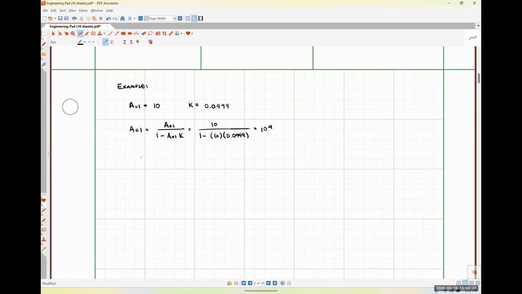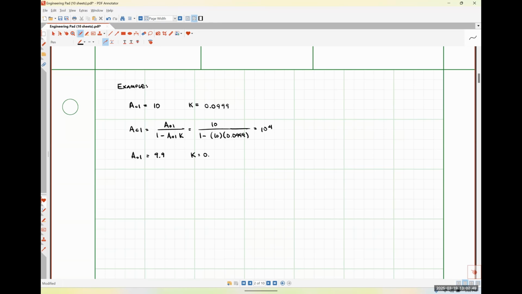If instead AOL were 9.9, so this is literally just, I think it's a 1%, yeah, 1% decrease in our open loop gain.